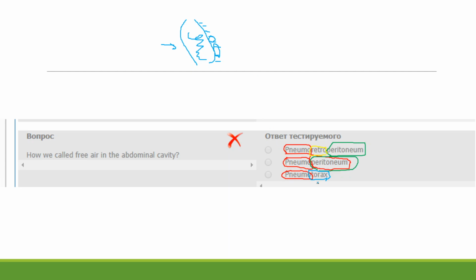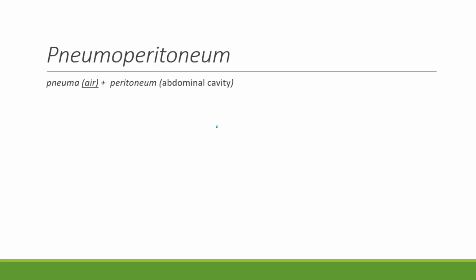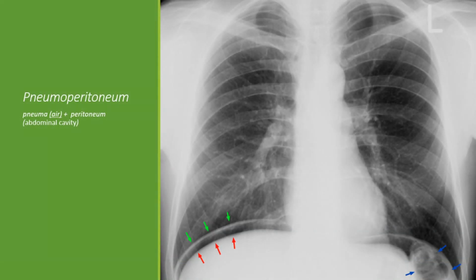When we talk about pneumothorax, we understand that it is air in the thorax, in the thoracic cavity. Okay, next question. And pneumoperitoneum, you see this scene of pneumoperitoneum.